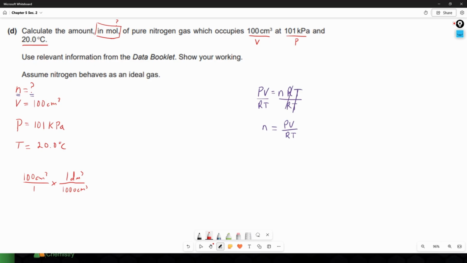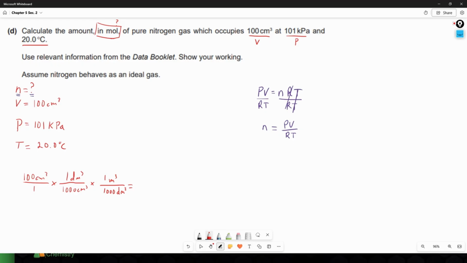And remember, we need this in cubic meters. We know that 1,000 cubic decimeters is 1 cubic meter. Then that means that we need to divide this 100 cubic centimeters by 1,000 and then by 1,000 again.